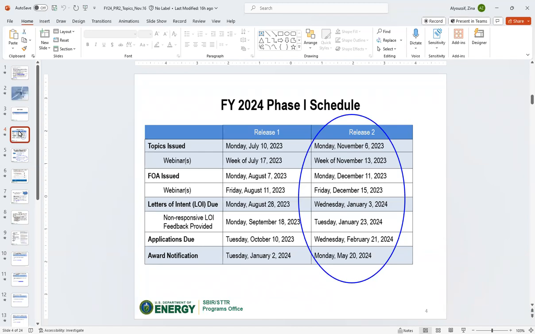It tells us who you are, what topic and subtopic you are interested in applying for, and a little bit about why you think you are responsive for that subtopic. So basically, if you do not submit that letter of intent, then you cannot submit a full application to the funding opportunity.